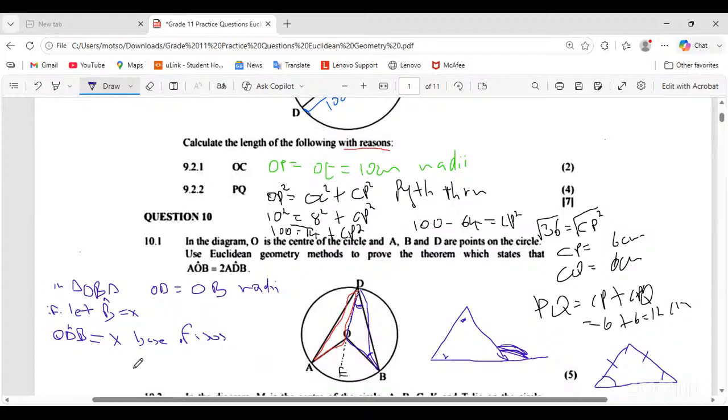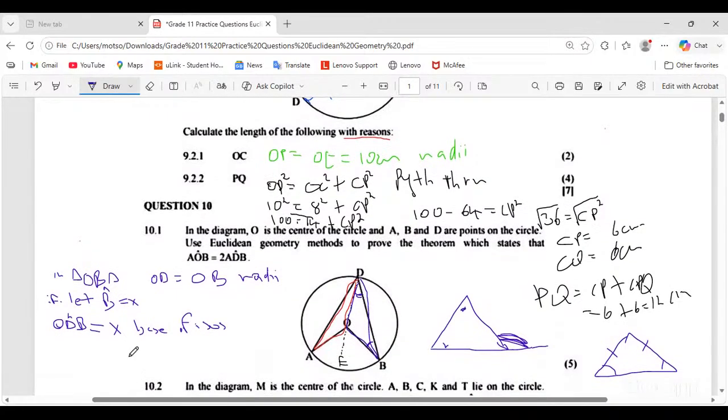So now, we will say angle EOB, which is this angle. Now we are using this property. We will say EOB is equal to 2 times angle ODB. Because where does this come from?